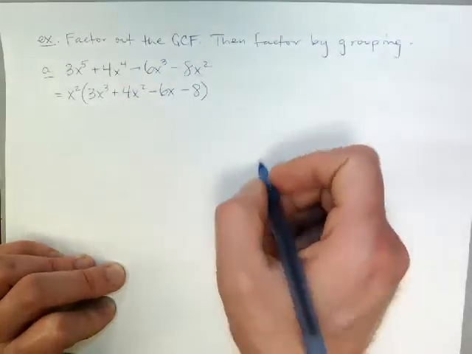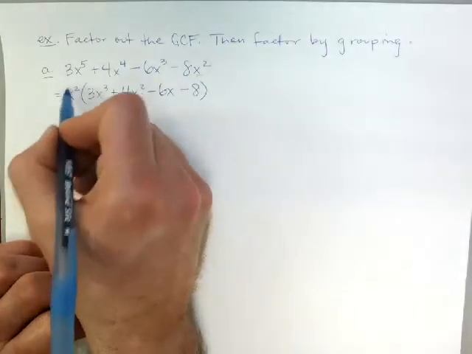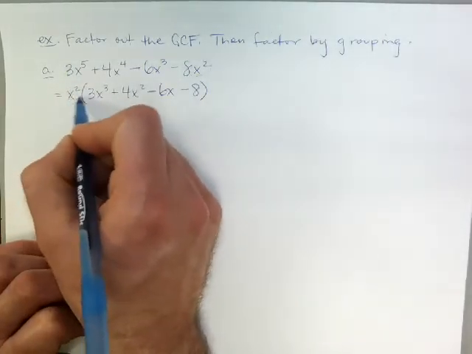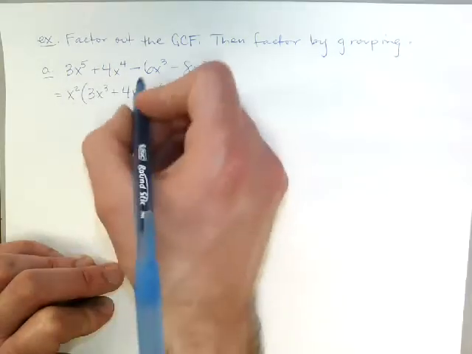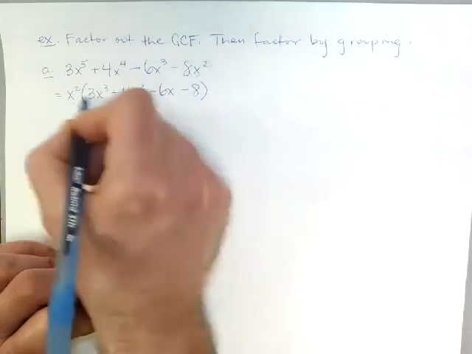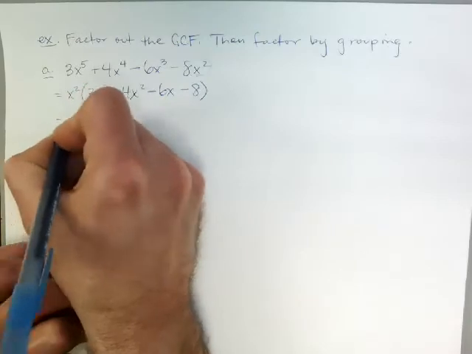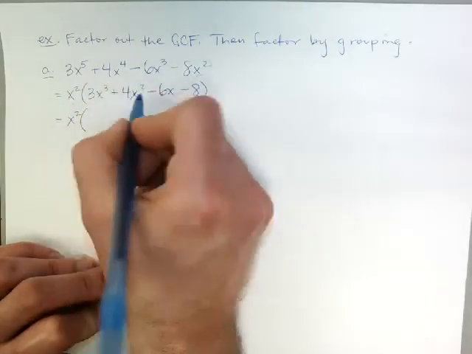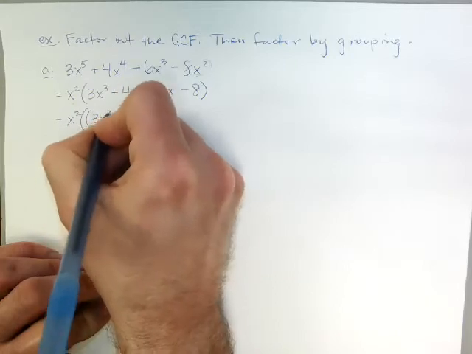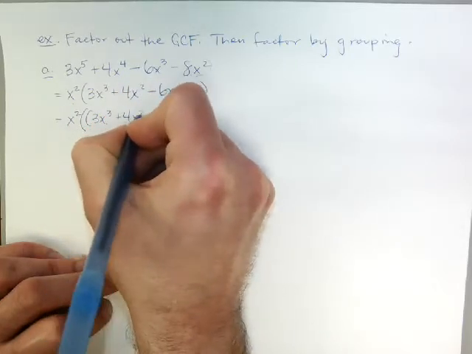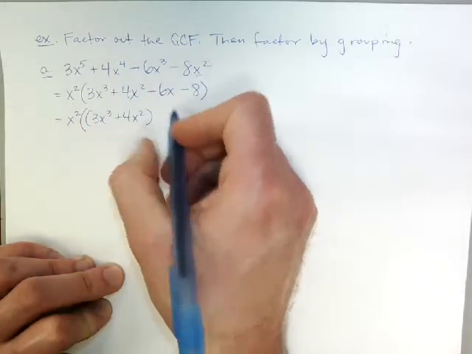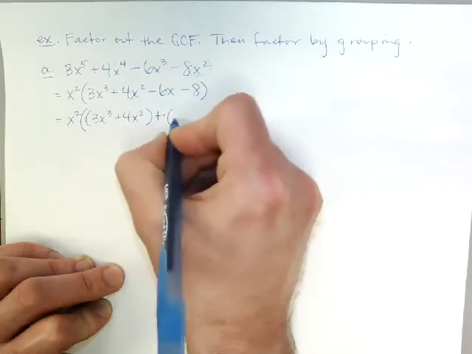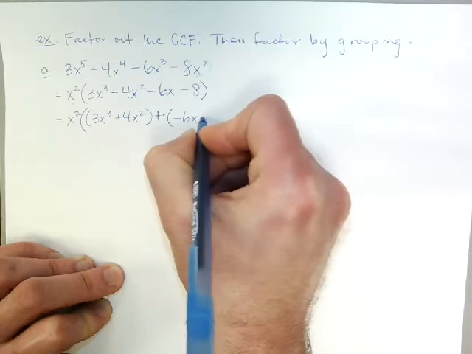Now the x squared, make sure to keep it, but it's pretty much just along for the ride at this point. Now we're going to use grouping on this thing with 4 terms. I will group together the 3x cubed plus the 4x squared, and then keeping the negative with the 6, I'll have plus negative 6x minus 8.